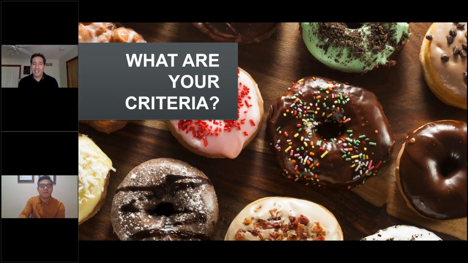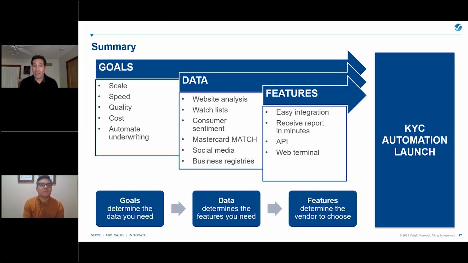So the criteria for selecting a vendor is really specific to individual companies. What I would do first, if I were the client looking to automate KYC, is I would look at what my needs are. I might want to talk about it with my acquirer or acquiring bank to make sure I have all the features that I need.